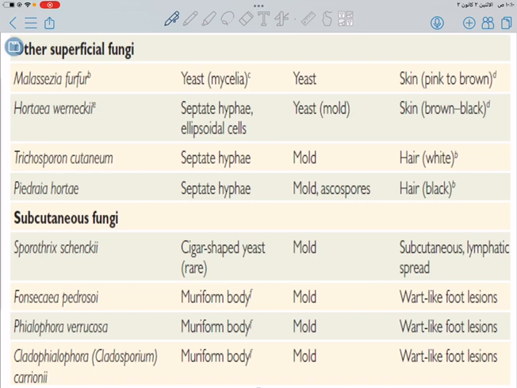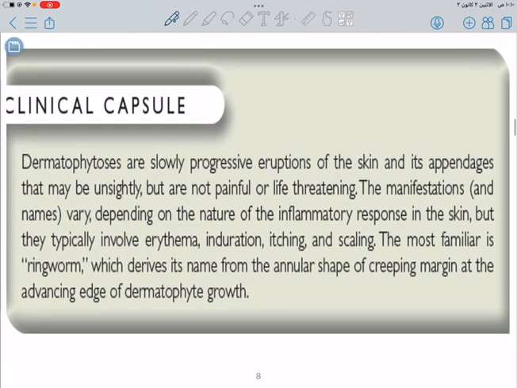Dermatophytes, I said, grow slowly and infect the skin and appendages. Their names vary according to their location and according to their pathology. They may cause erythema in the skin, induration, itching, scaling, scale.